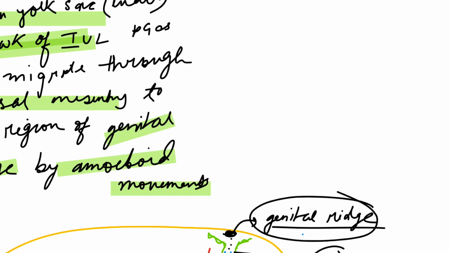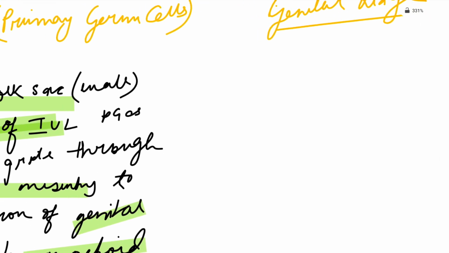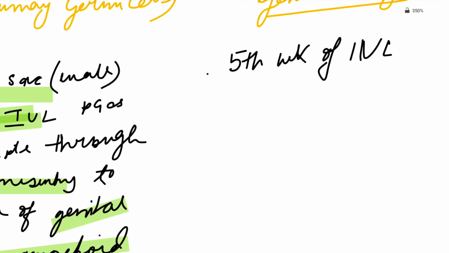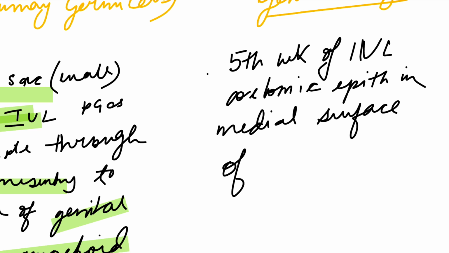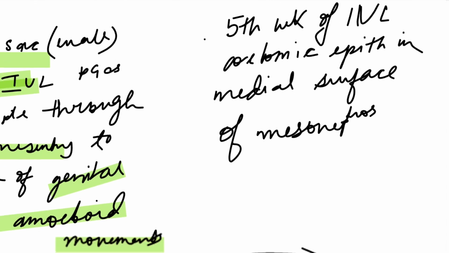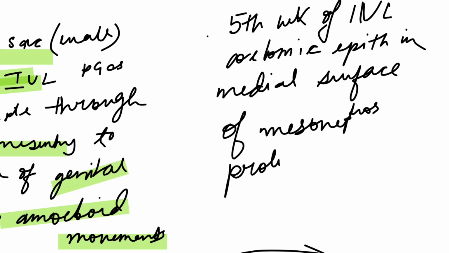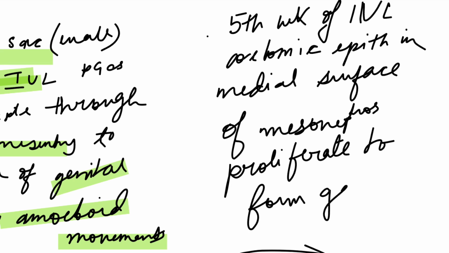In the 5th week of the intrauterine life, the coelomic epithelium on the medial surface of the mesonephros proliferates to form the genital ridge. What is this?